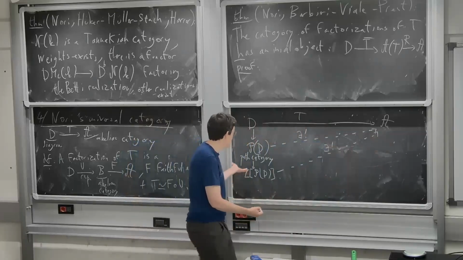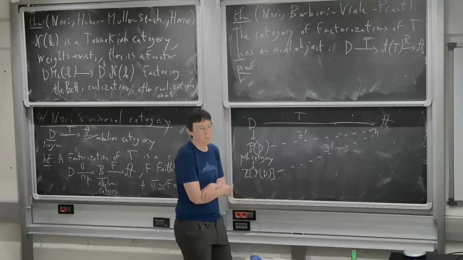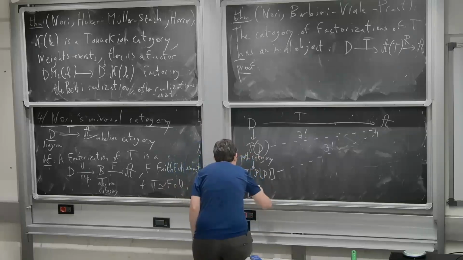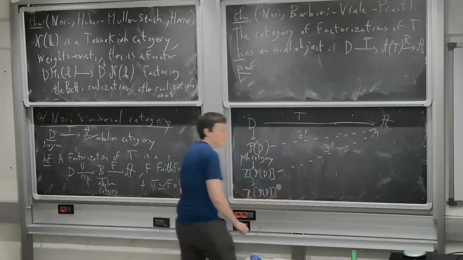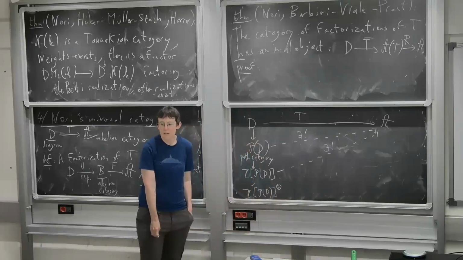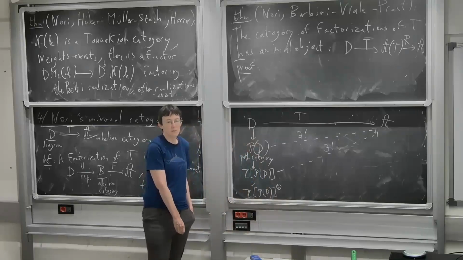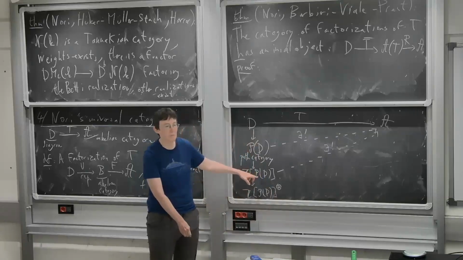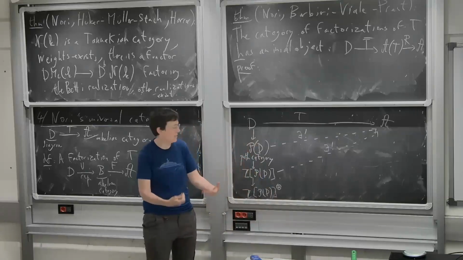And then you want to make this into an additive category. What you are missing is direct sums, so you just formally add finite direct sums. The Homs are just matrices of Homs here, and composition is the matrix product.